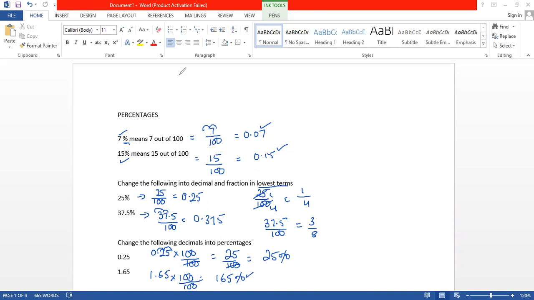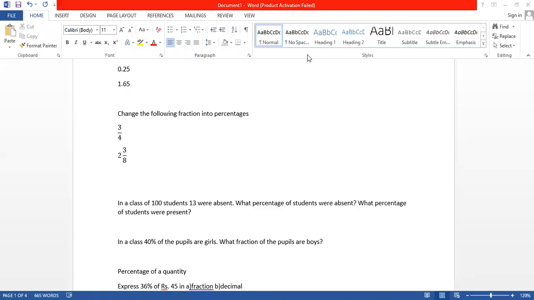Now, moving ahead. Okay, so now we're supposed to change the following fractions into percentages. To solve this, like we were converting decimals into percentages, we'll do the same thing. We're going to multiply and divide this by 100, but we won't solve for this 100, we'll just solve for the numerator one.